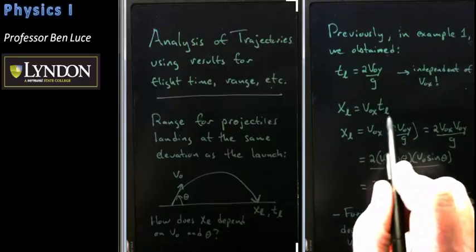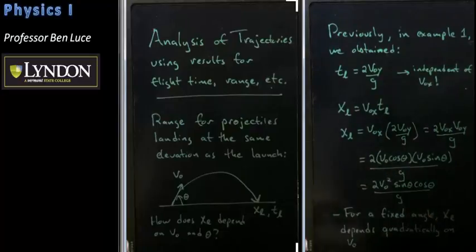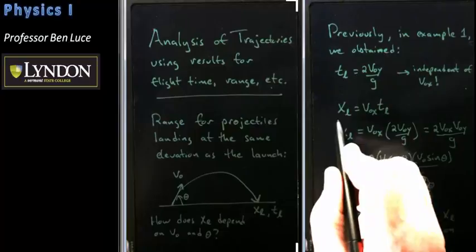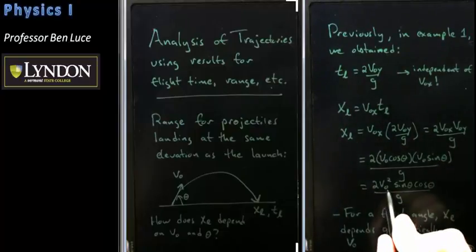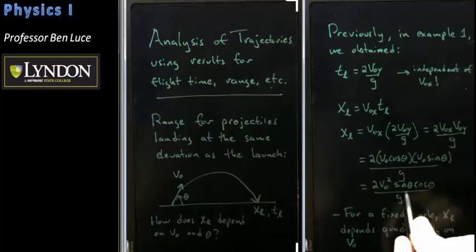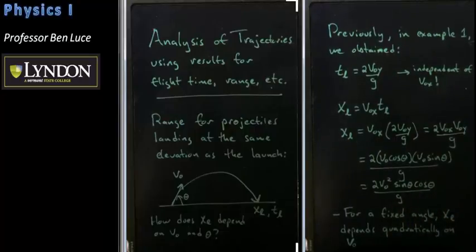So both of these quantities will be doubled, so XL will be quadrupled. So we can get a feel for how XL depends on V naught, and in a second we'll also look at how it depends on theta. All right, let's save that result.